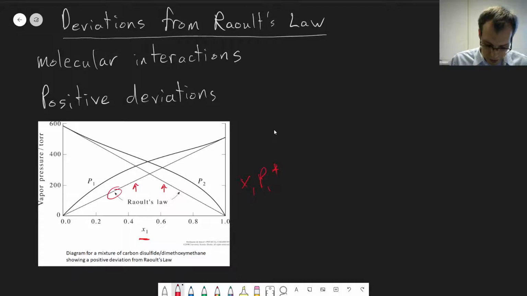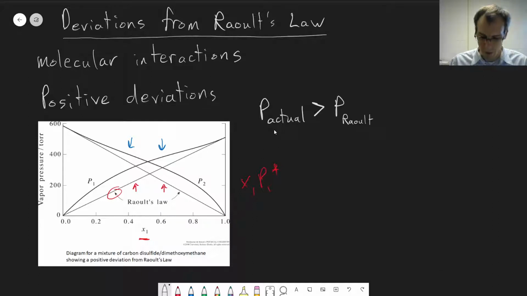And the solid lines on the top here and here, these are the actual vapor pressures in the solution. And so the reason we call these positive deviations is that P actual is greater than P from Raoult's law. Right, greater than the ideal value.